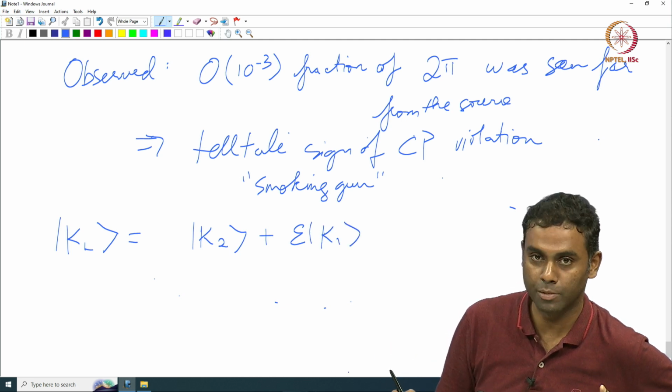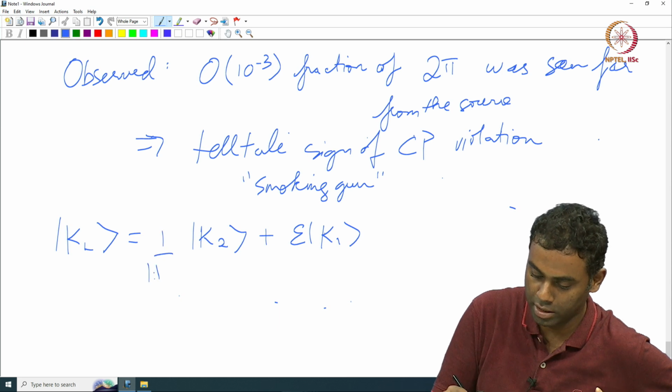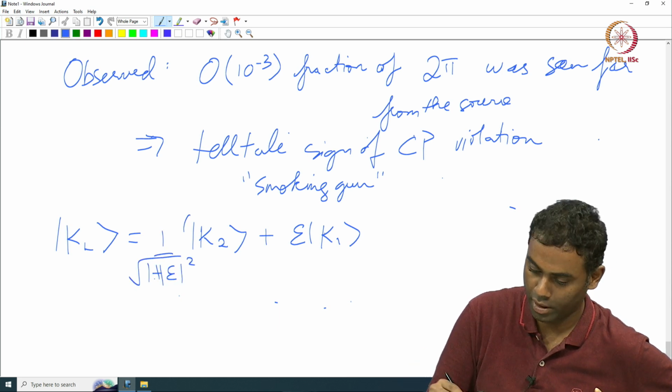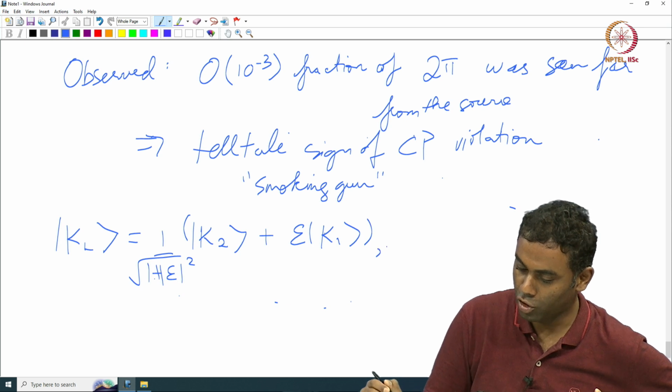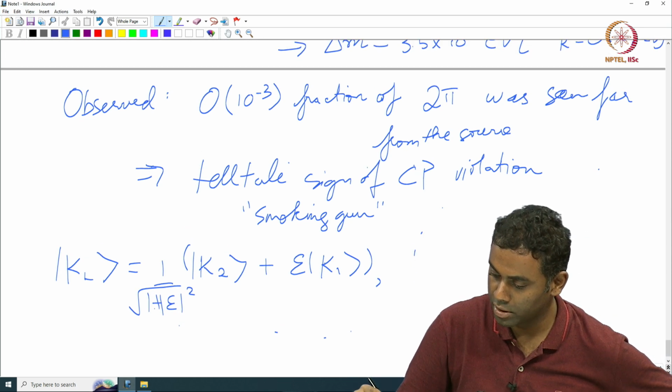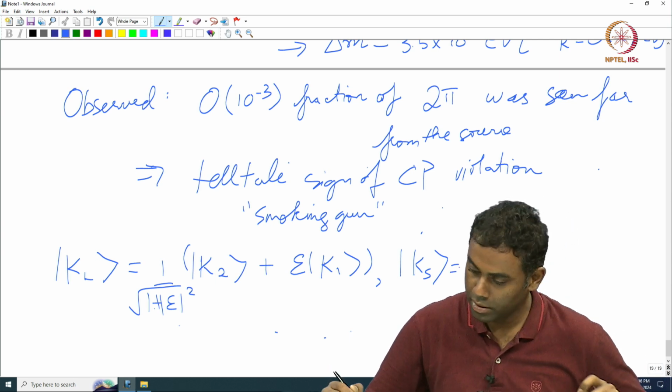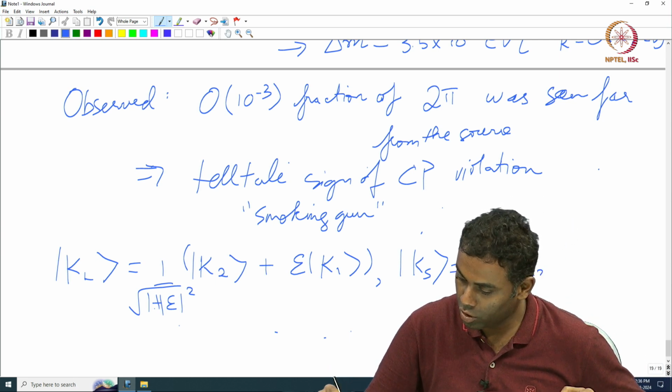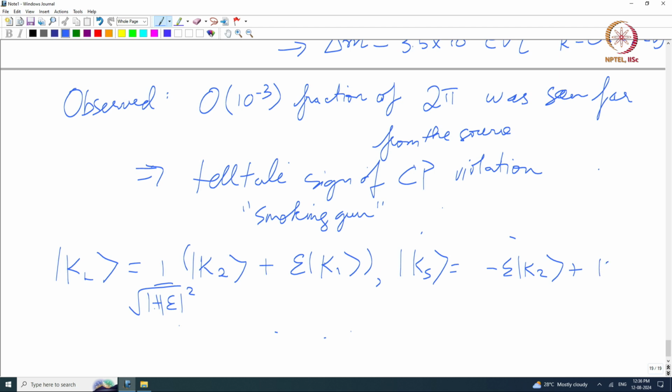Since it is small, I am going to put an epsilon, and I can always normalize it correctly. And there is a short lived state. I am going to call it K short, Ks. That would be the orthogonal combination, again normalizing it correctly.